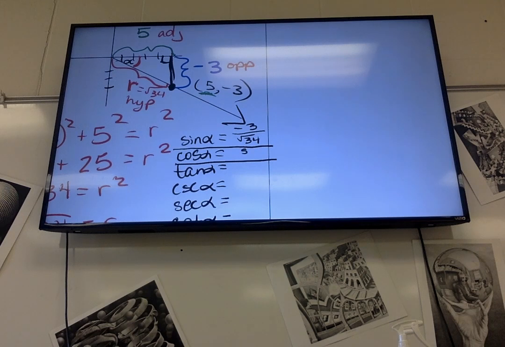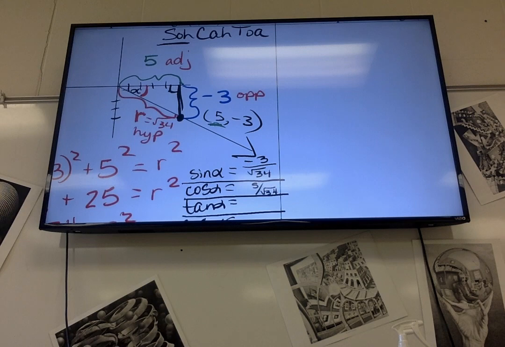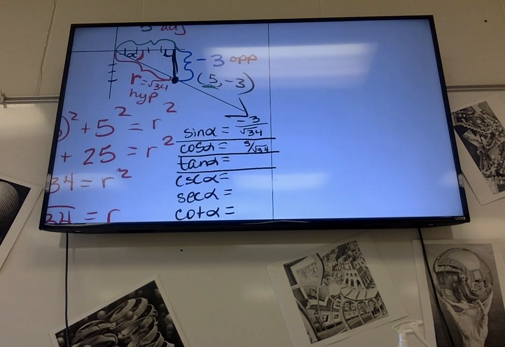That is right. Becca, what's the tangent of alpha? -3 over 5. Yeah, opposite over adjacent.